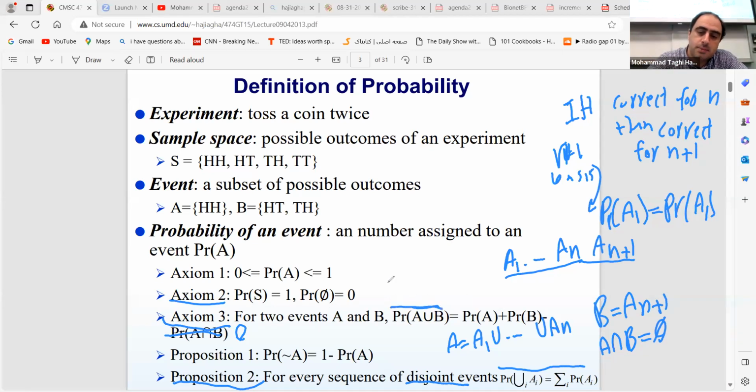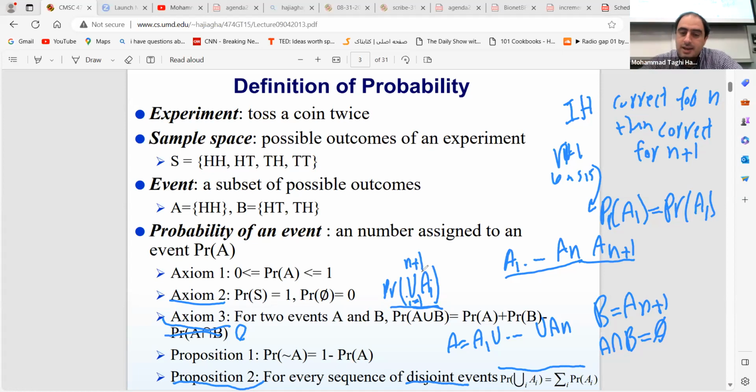This would be the probability of all the A_i's. Correct? Because we have A equal to A1 to AN and B equal to AN plus 1, and when you take the union of these two, you are essentially taking this one, which is the union for i equal to 1 to N plus 1. Good?